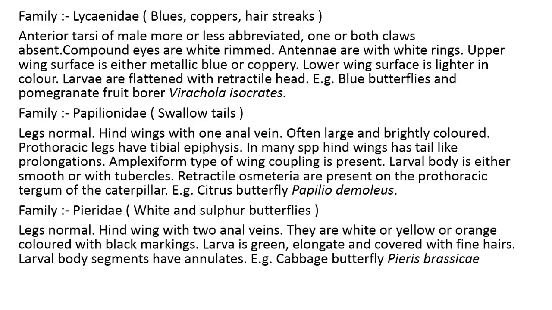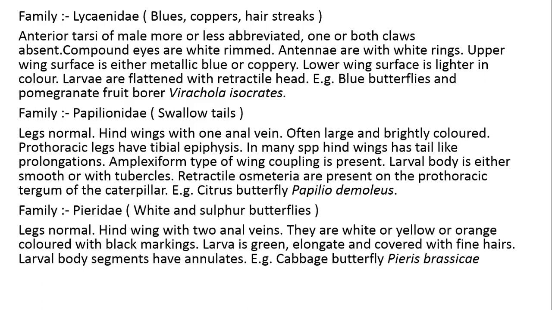Lower wing surface is lighter in color. Larvae are flattened with retractile head. Examples of blue butterflies and the pomegranate fruit borer, Virachola isocrates.